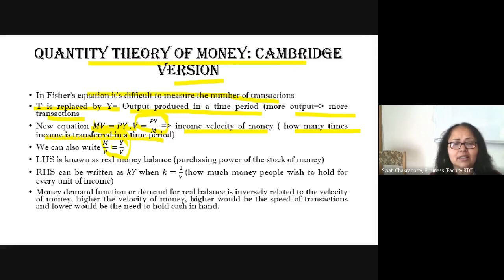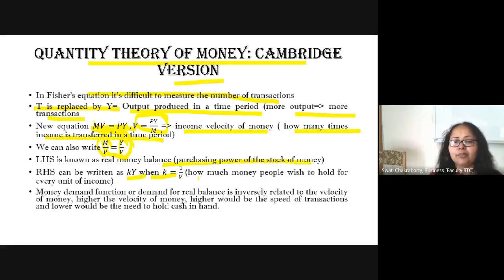So this left hand side is the real money balance, which we know is the purchasing power of the stock of money, right? And the right hand side is Y by V. So Y into 1 by V. Instead of 1 by V, if we write K, it becomes KY, okay?